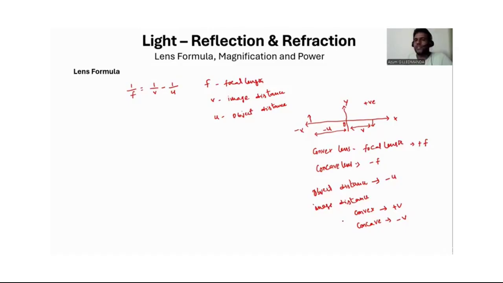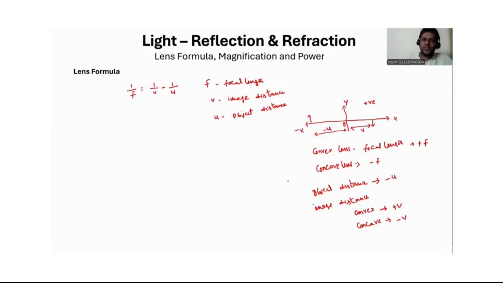And then the image distance depends on whether it's a convex lens or a concave lens. If it is a convex lens, the image is formed on the other side of the lens, so that is onto the positive x-axis. So v is plus for a convex lens and v is minus for a concave lens, because the image for the concave lens is formed on the same side of the object. That's a virtual image. So it is minus v.